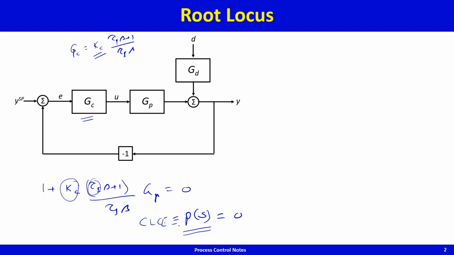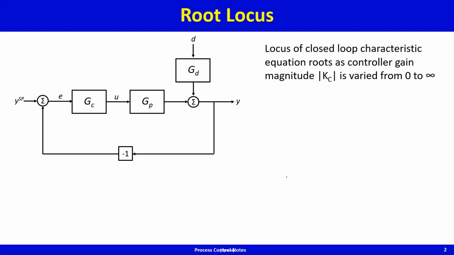So in short, the roots of the closed loop characteristic equation are a function of Kc. So the root locus is essentially the locus of the closed loop characteristic equation roots as the controller gain magnitude is varied from 0 to infinity. 0 magnitude implies no control, infinity of course implies very aggressive control.